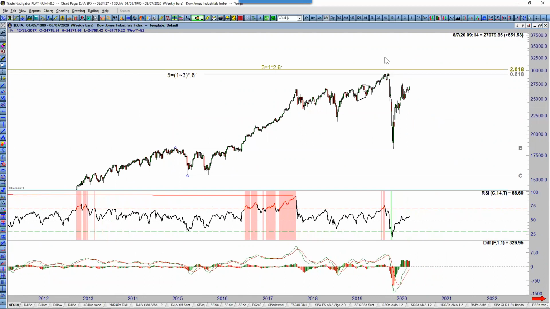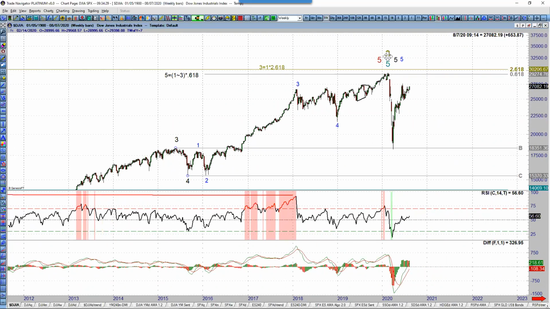One is a very large degree, super cycle degree, potential for a wave 3 top right there. And the other is that a wave 5 in black would have ended pretty much exactly where that top was. But the only problem we really have in being super confident in that being a very important super cycle wave 3 top is the subdivisions of the price action moving forward.